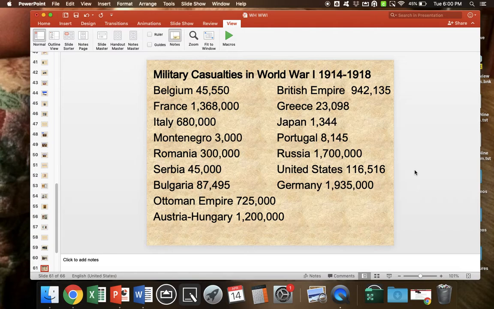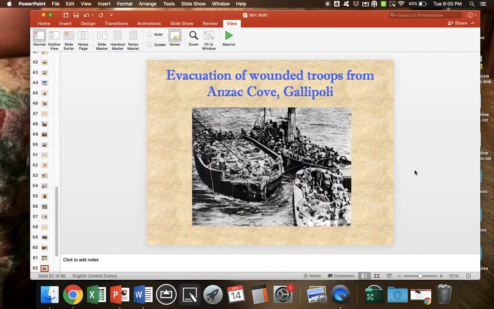Military casualties are enormous. You can look at Russia 1.7 million, Germany 1.9 million, France 1.3 million, Austria 1.2 million. The United States, 116,000. And again, you see that just total devastation in the casualties related to World War I. Some of the evacuation of the wounded troops.